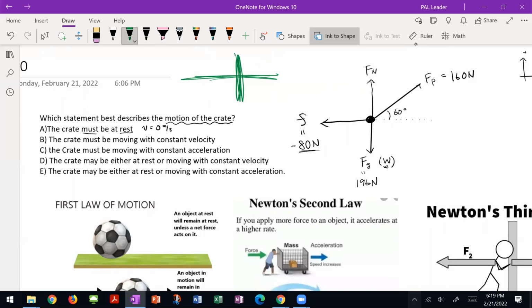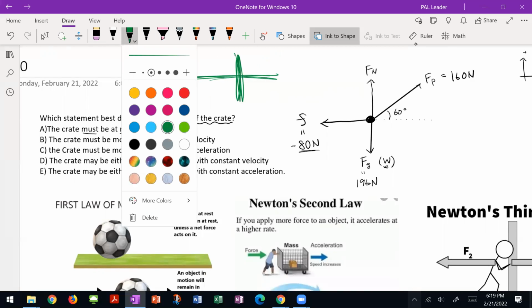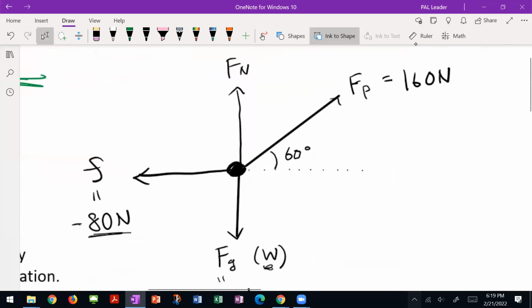Hopefully by now you know that when we do have a diagonal force, like the pulling force right here, we want to look at the force from its horizontal, the x component, and the vertical, the y component. So I'm going to divide this, there has to be a better word.